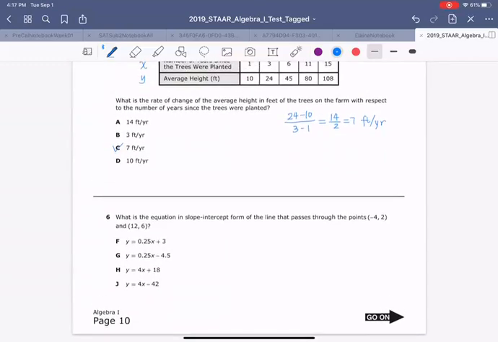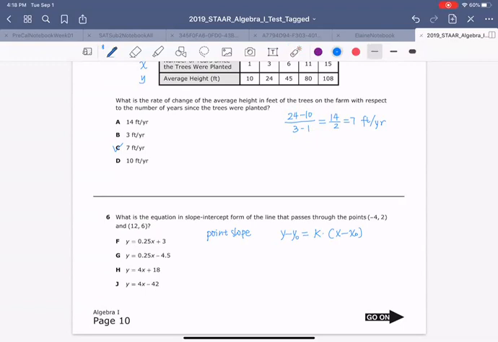Let's do number 6. We learned about this thing. We call this one point slope format, right? So we do y minus y0 equals k, the slope, times x minus x0. And how do you get your k? The same way, okay? Use your y difference divided by your x difference.